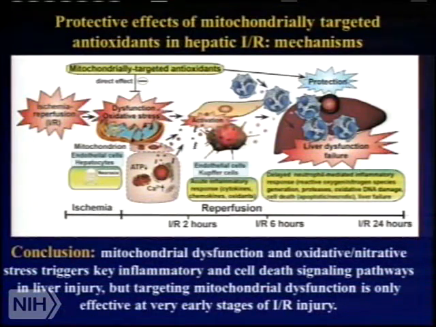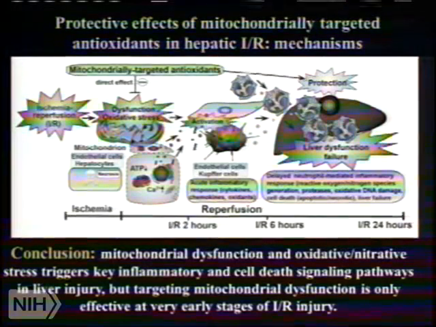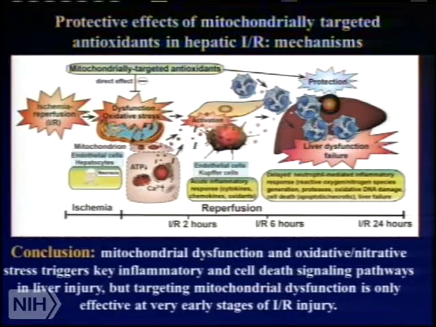And we also explored the role of mitochondrial reactive oxygen species generation, and we used various selective antioxidants targeted to the mitochondria, which are taken up by the mitochondria and converted to an antioxidant, in fact, in the mitochondria. And what we found is that targeting this mitochondrial ROS had the same beneficial effects. So mitochondrial ROS was triggering all this inflammatory response and damage.